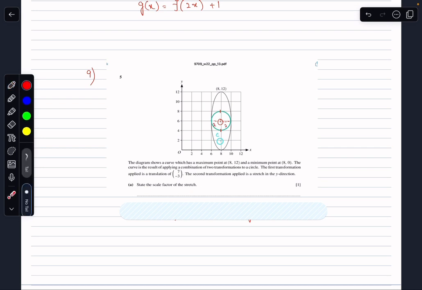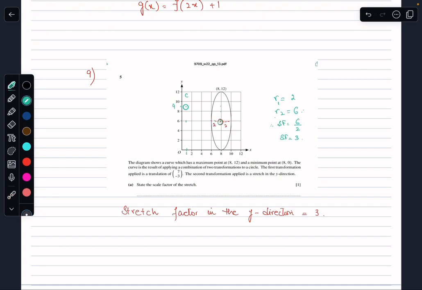State the scale factor of the stretch. To find the scale factor of the stretch, we know that there is a stretch in the y direction. So we have decided that the radius of the circle has to be 2 units, because there is obviously no change in the radius. It's a stretch only in the y direction, so that means in the x direction the radius has not changed.